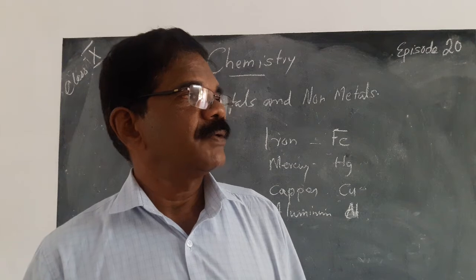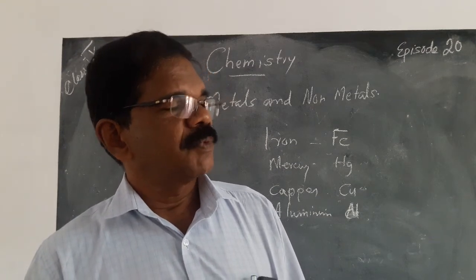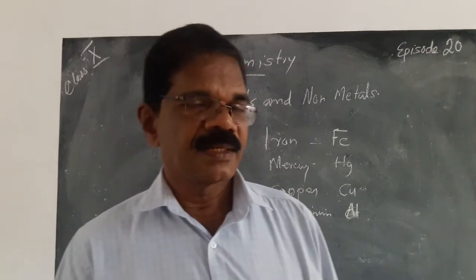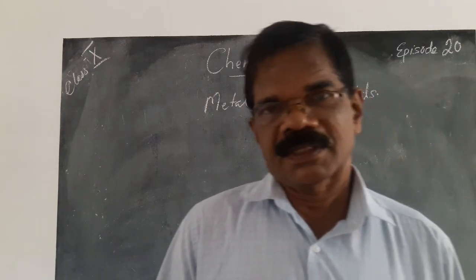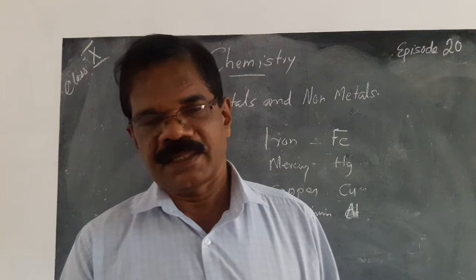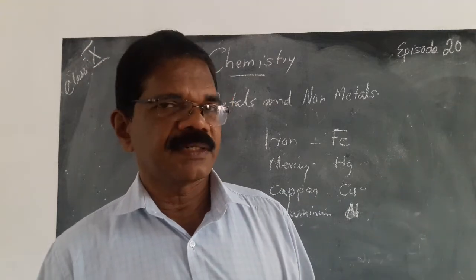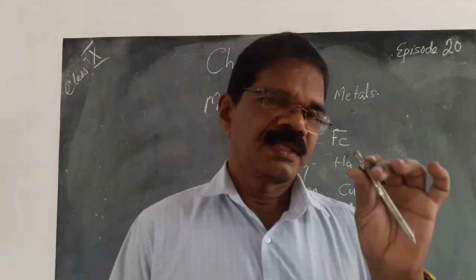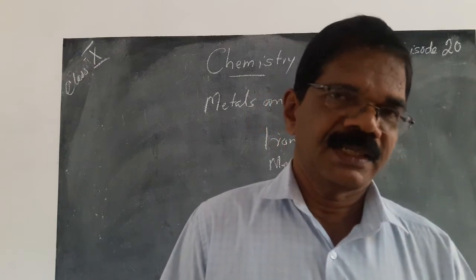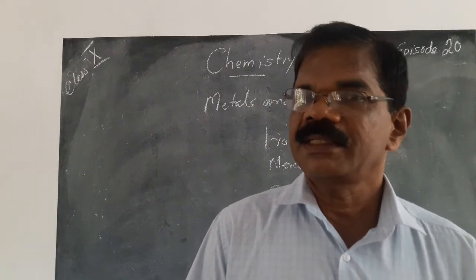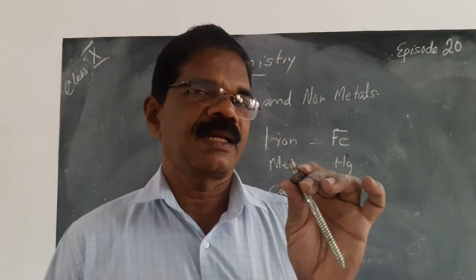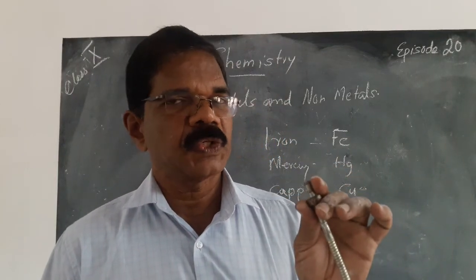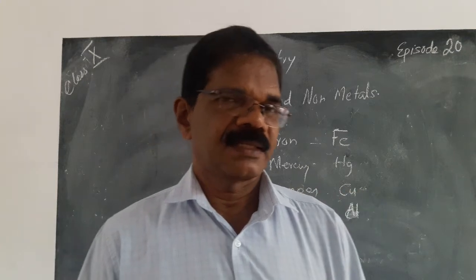Do you know how electricity is carried to our school from the road? Using iron rods, not plastic or fiber. So they are conductors of heat. They are hard. These are the general or common properties of metals.